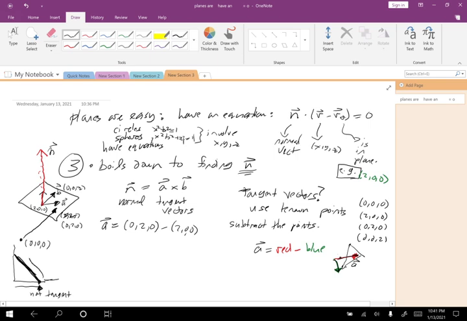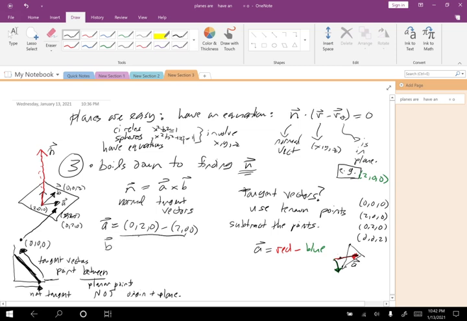In contrast, this vector here, which points between two points, is tangent. So tangent vectors point between planar points, not between the origin and the plane. So you need two planar points. That's just a very long-winded way of saying subtract these two things.